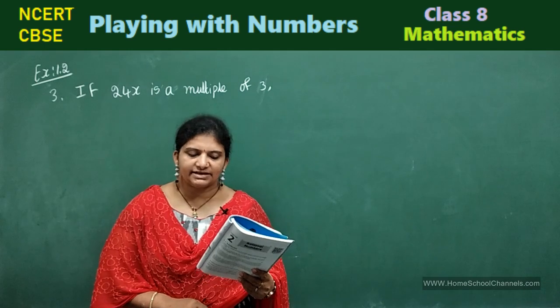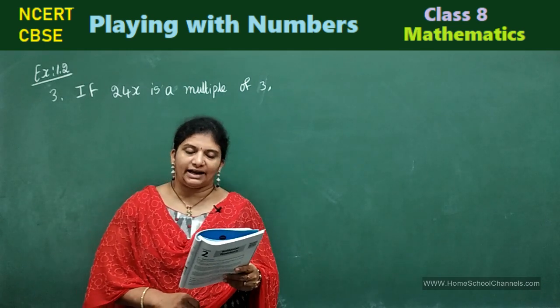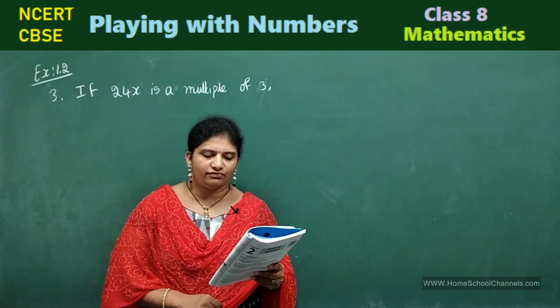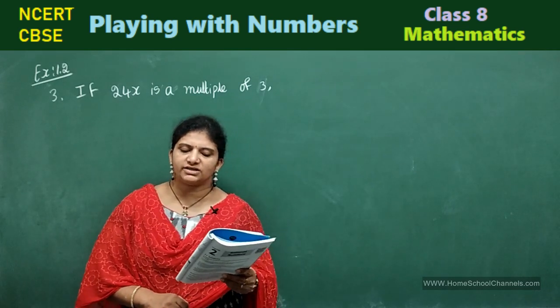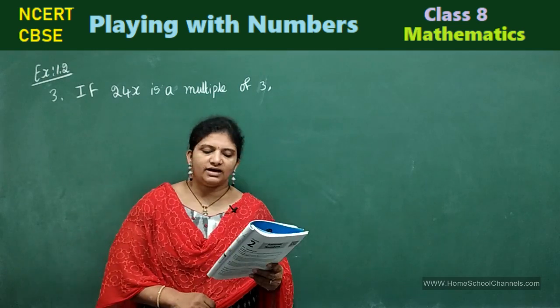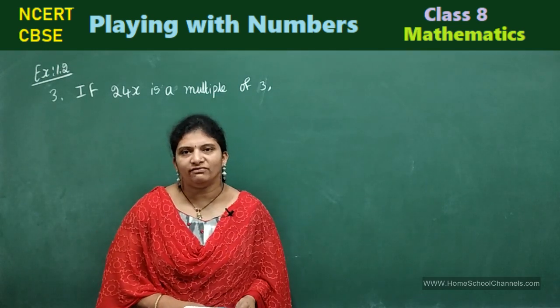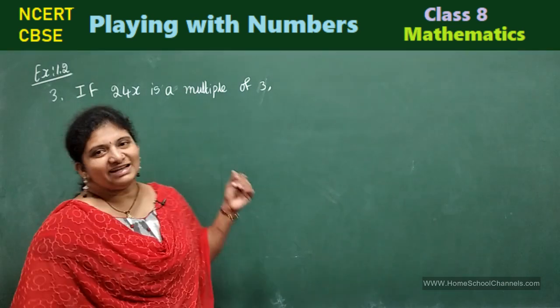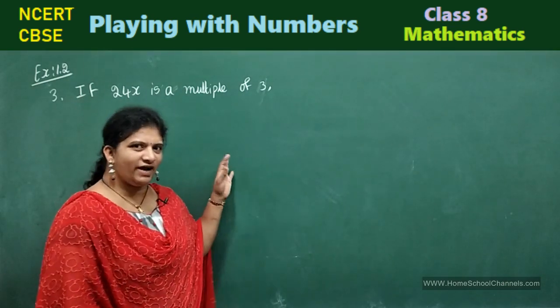But since x is a digit, it can only be that 6 plus x is equal to 6 or 9 or 12 or 15. Therefore, x is equal to 0 or 3 or 6 or 9. Thus, x can have 4 different values. I think the answer is already given here. Answer already given, but anyhow, let us find out.